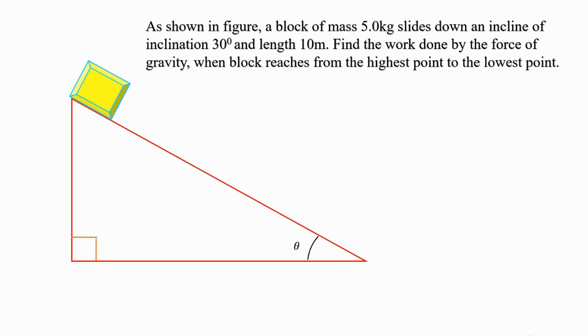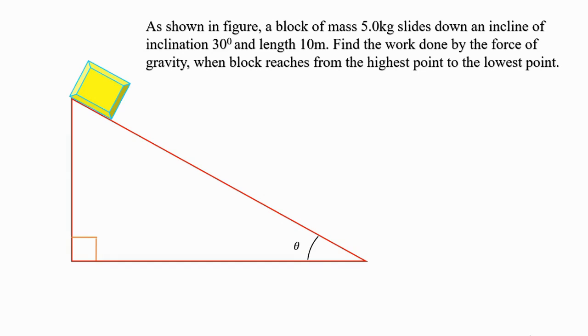Positive work. As shown in figure, a block of mass 5 kg slides down an incline of inclination 30 degree and length 10 meter. Find the work done by the force of gravity when the block reaches from highest point to the lowest point.